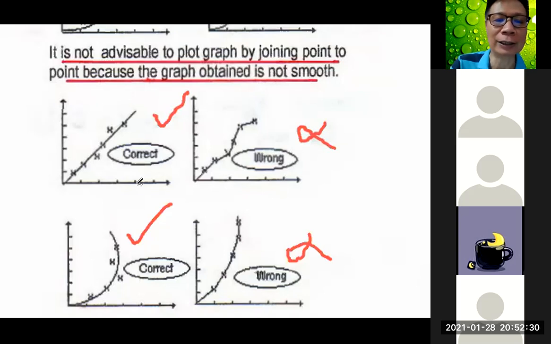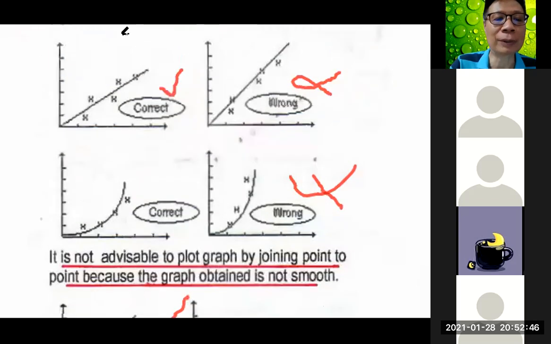Best line means you draw a very nice looking line, but it doesn't pass through all the points. But it doesn't matter, as long as you have an equal number of points on top and bottom of the line, that is fine already. Understand? For example, here, you don't need to pass through all of them, but you must make sure the points above the line and below the line are balanced. That is enough already.